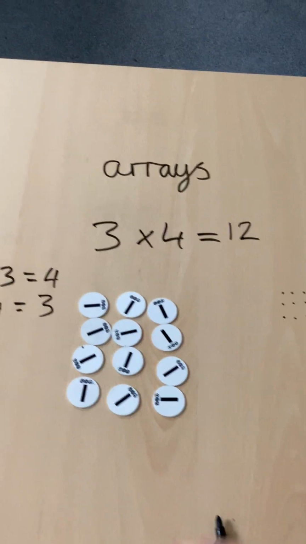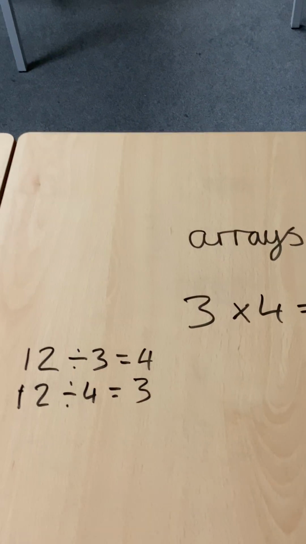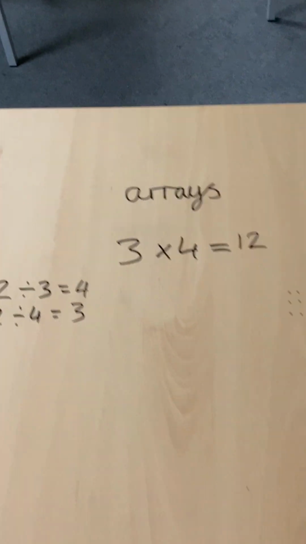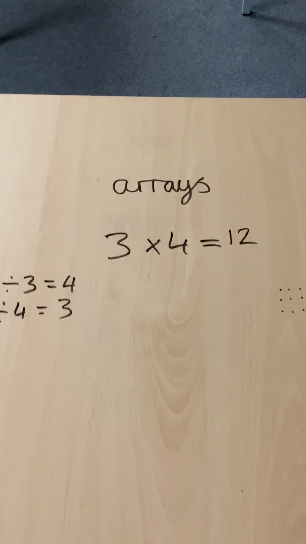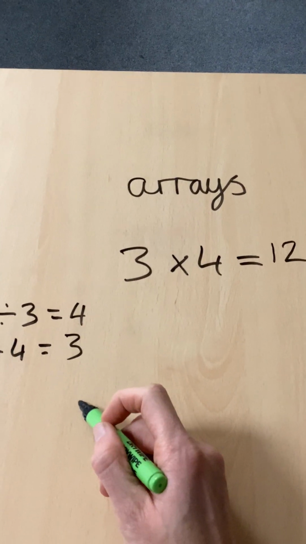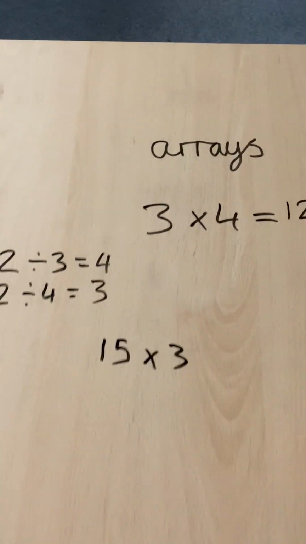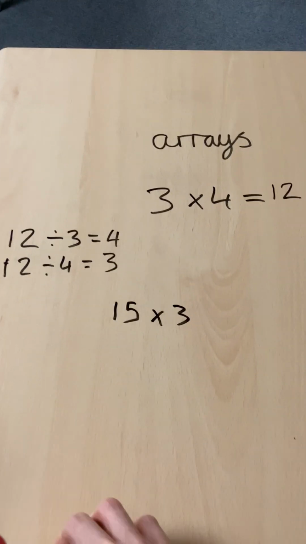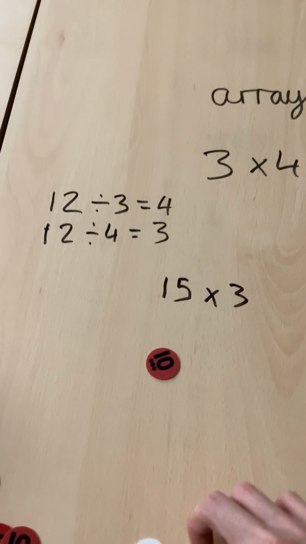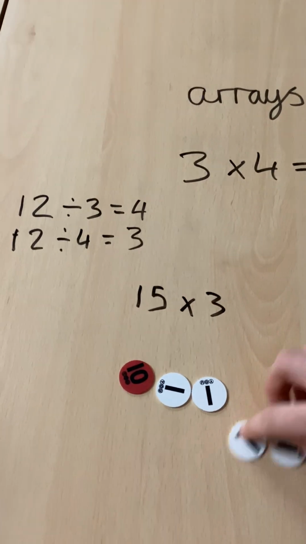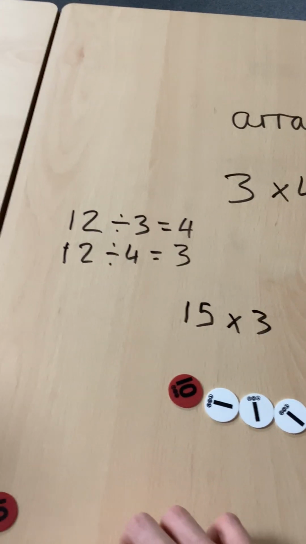Now, if the questions get a little bit harder, we can still do the same thing. So this time, imagine we have 15 times 3. Well, I can get 15 using a tens counter with my ones.